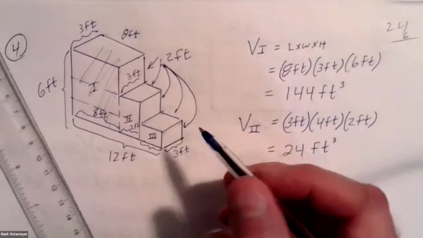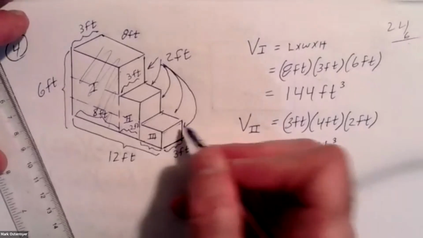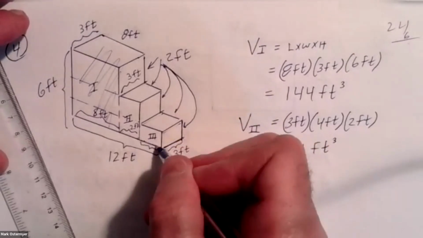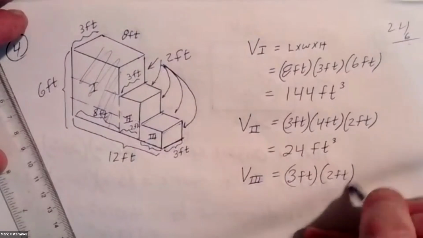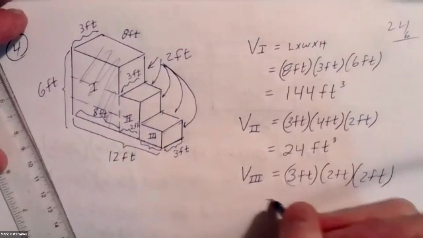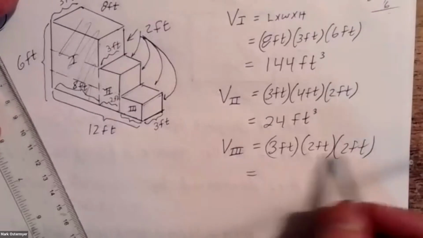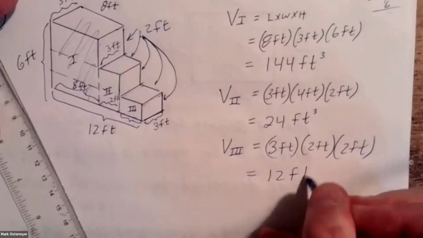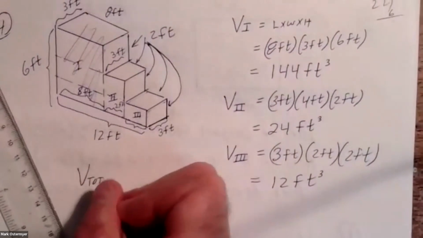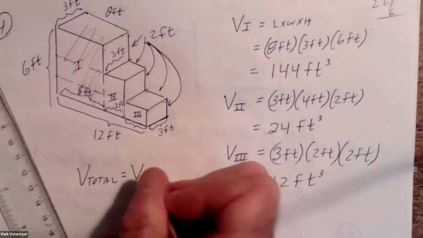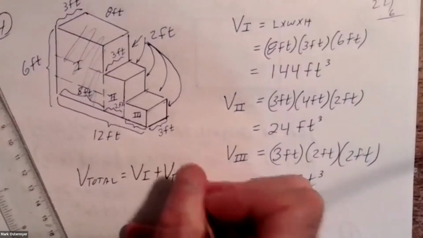All right, so what do we got here? We got the dimensions of the small box will be 3 feet times 2 feet times what? 2 feet? That's going to be 3 times 2 is 6 times 2 is 12 cubic feet. So what's the volume of this entire shape, the total volume? Well, that's going to be the sum of the volumes of the individual boxes.